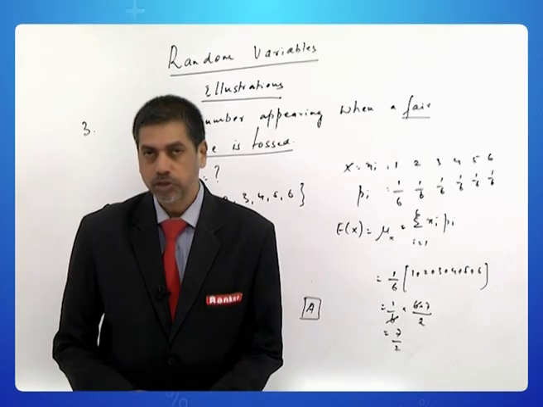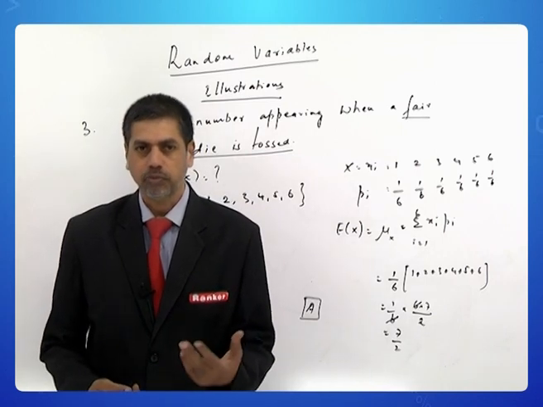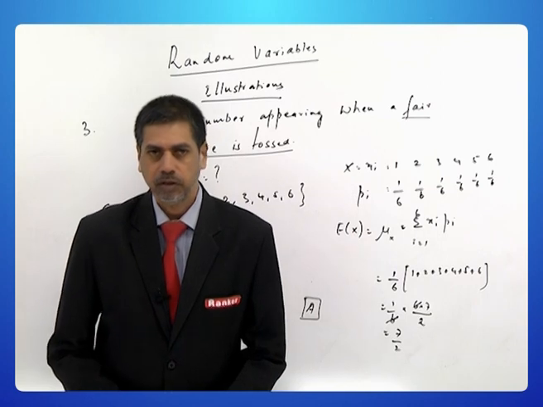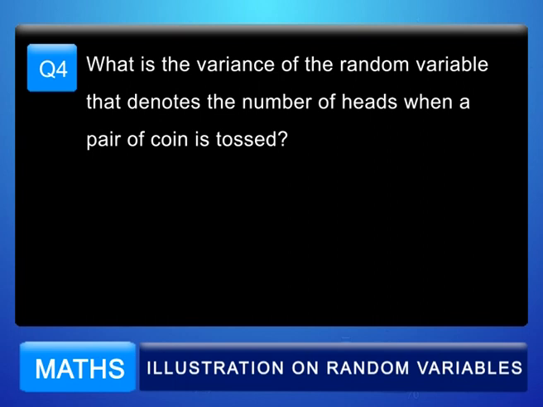So many times distributions are not given, but you will have to build your own table, the probability distribution, and then estimate the required statistic. Question number 4. What is the variance of the random variable that denotes the number of heads when a pair of coins is tossed?